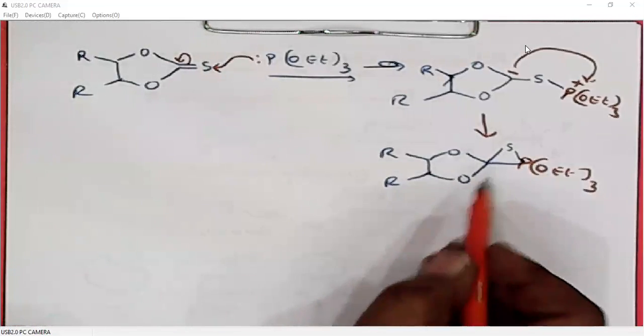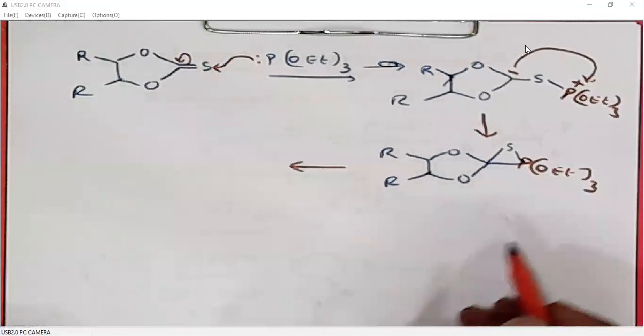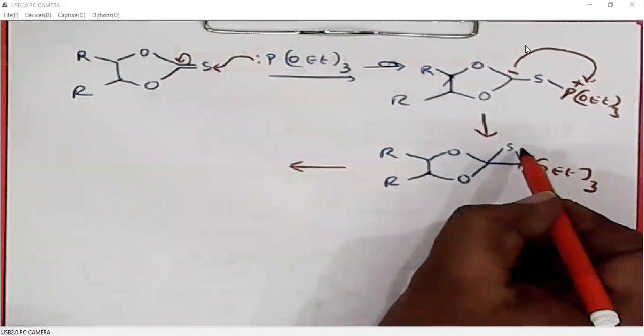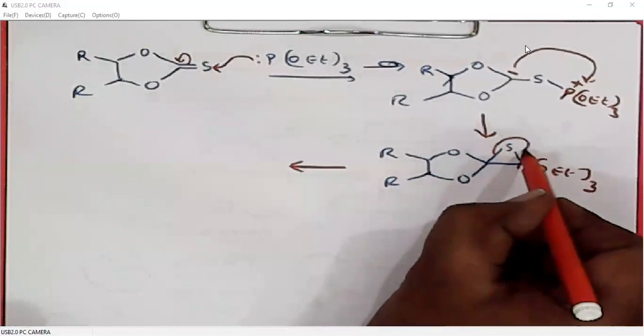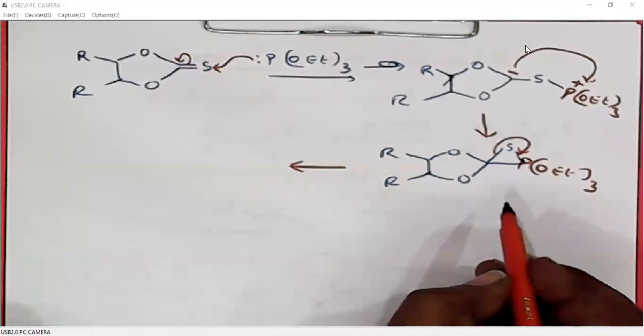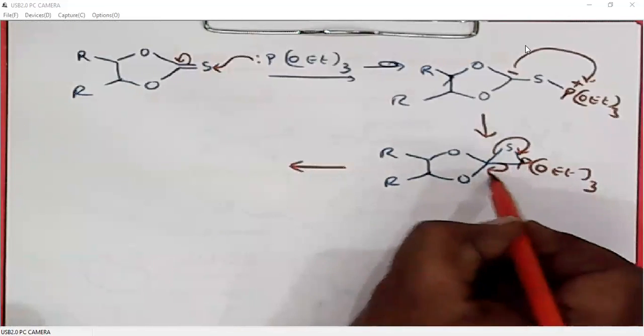Now this will undergo decomposition in such a way that the sulfur will be forming a double bond with phosphorus, and this is generating a carbene.